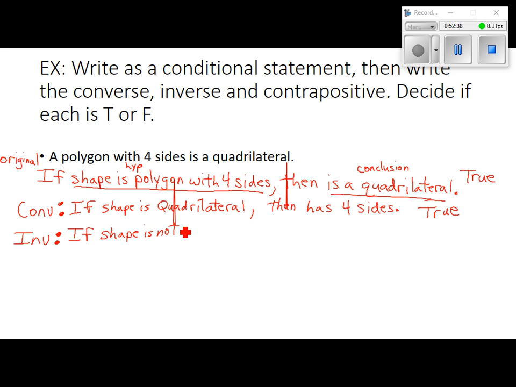A polygon. Not a polygon with four sides. Then it is not a quadrilateral.